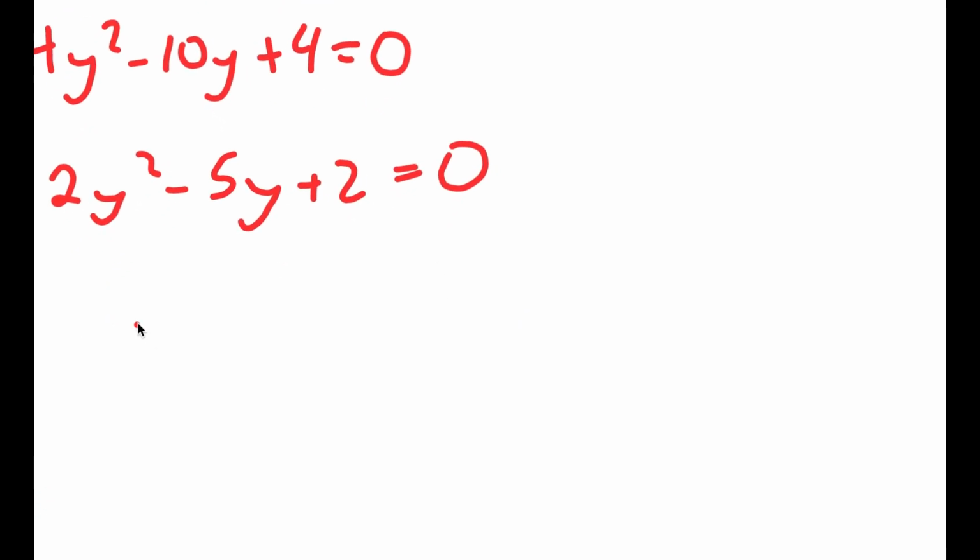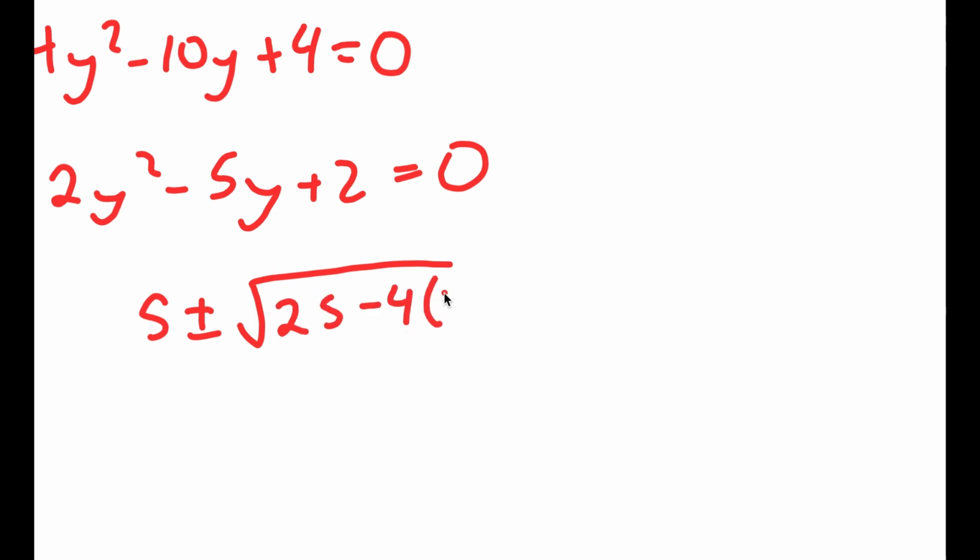So you get negative 5, so positive 5, plus or minus the square root of b squared, so negative 5 squared, which is 25, minus 4 times a, which is 2, times c, which is 2, all over 2a.